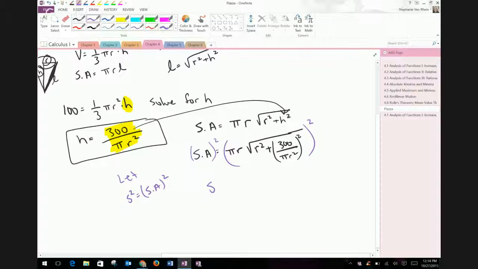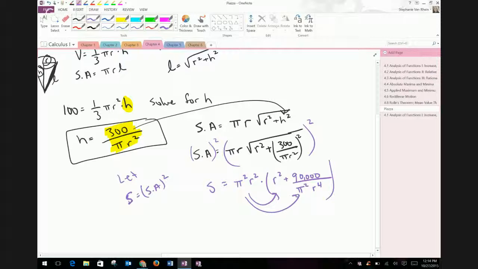Then s in this case would be pi squared r squared times r squared plus 300 squared over pi squared r to the 4th, and that would give me 90,000 divided by pi squared r to the 4th.